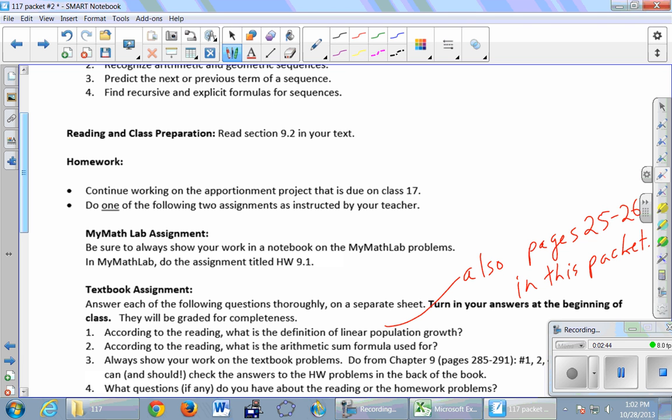Okay. Everybody understand the additional homework assignment? It's not listed there, so you got to make a note of it somewhere so you'll remember. Okay, so if we're ready, we'll go back to page 22 and Jeremy.